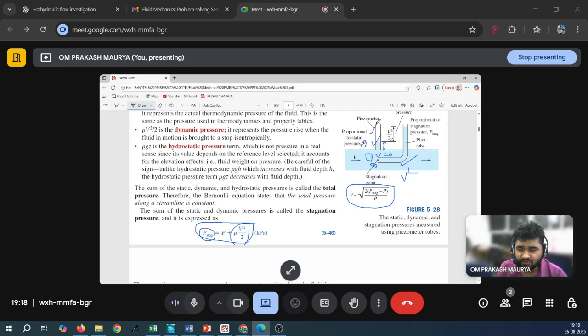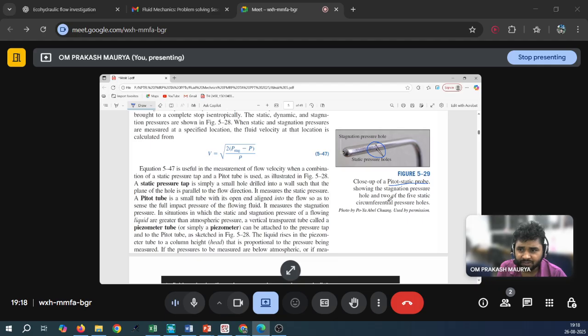This was the piezometer tube. The figure is about the pitot static probe, showing the stagnation pressure hole, this one, and here are the 5 static circumferential pressure holes, but 2 are visible on this side. Okay, the same thing is here.